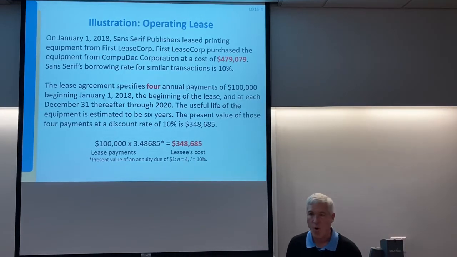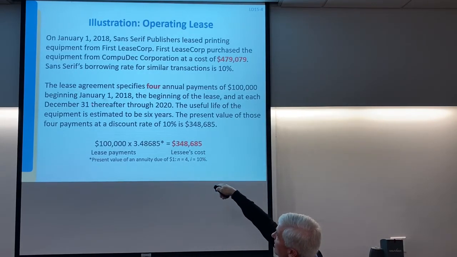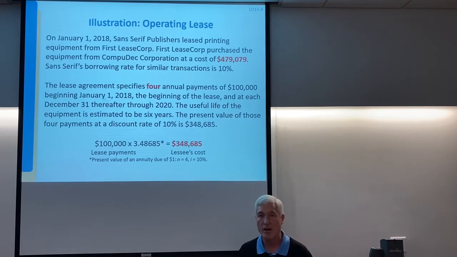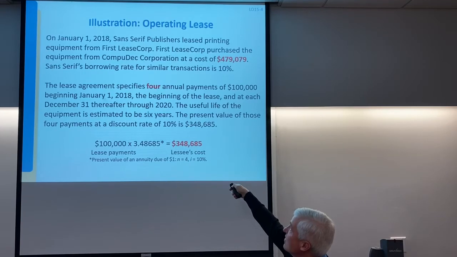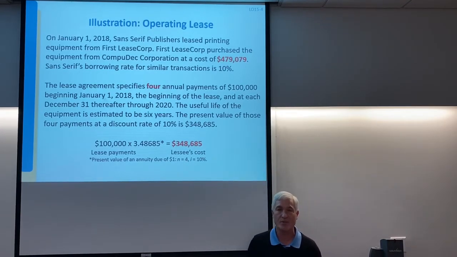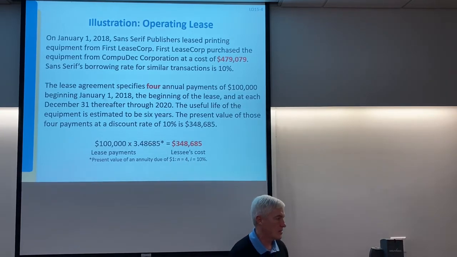They're going to make 4 annual payments of $100,000, and the useful life of this is 6 years. So 4 divided by 6, 66%, less than 75%. So not the major part of the economic life. The present value is $348 versus $479. So far less than 90%, or substantially all, of the $479. So we're in operating lease territory.